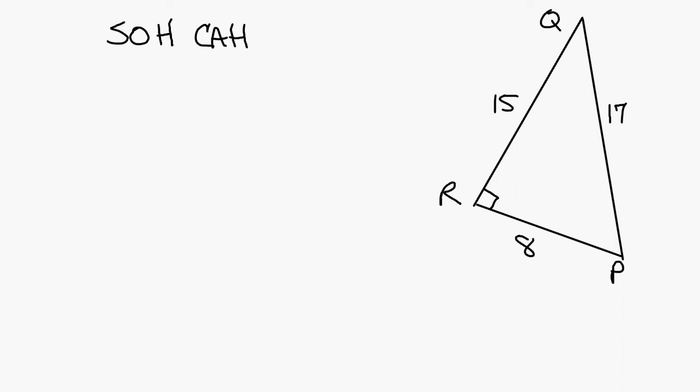SOH CAH TOA. Alright, we're dealing with angle P first. So sine of angle P equals opposite over hypotenuse. In relation to angle P, the side that is opposite angle P is 15, and the hypotenuse of that triangle is 17.